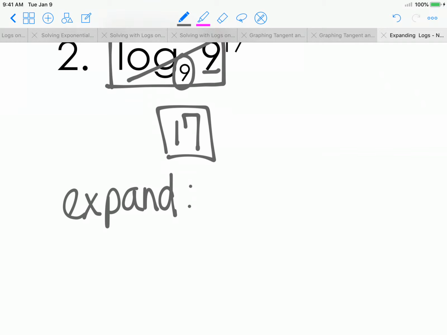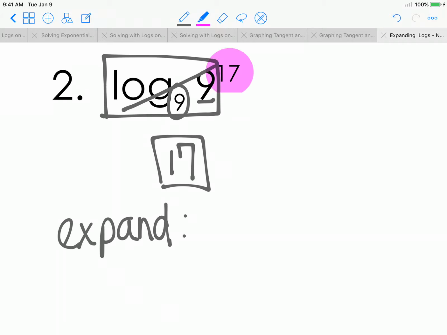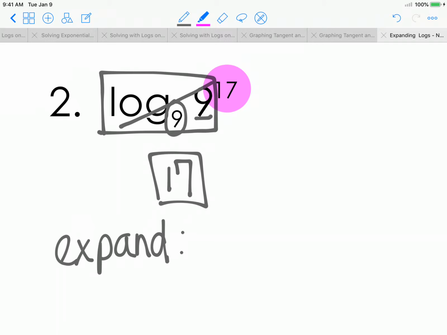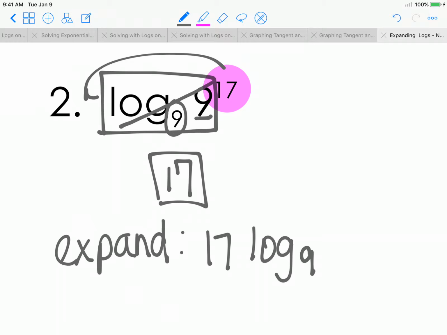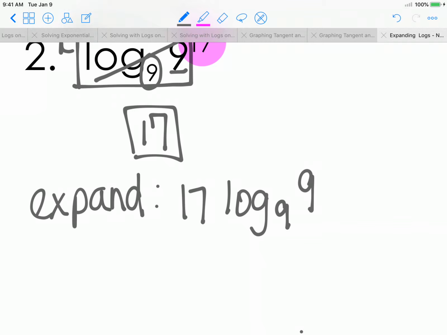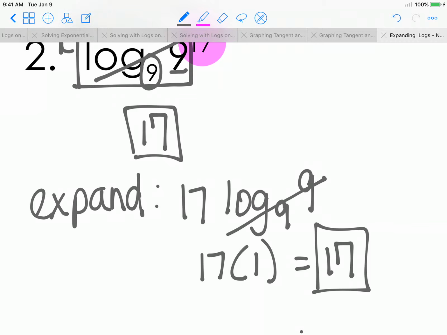So if we expanded this, we would move the 17 to the front of the log, and we would get 17 log base 9 of 9. And then we know that these can cancel, or really become 1, and you just get 17.